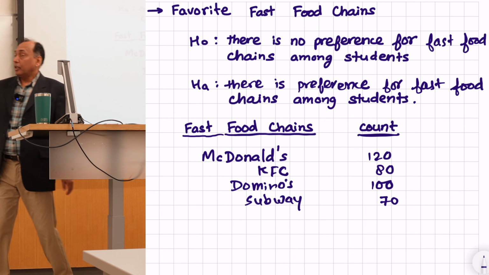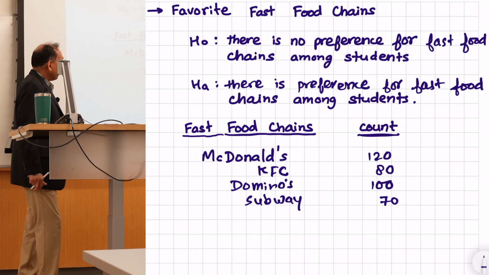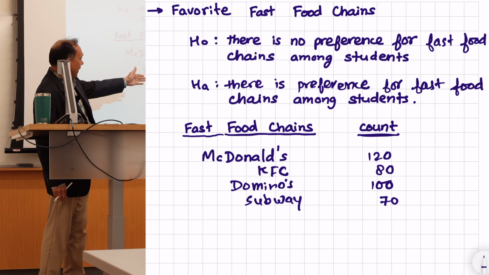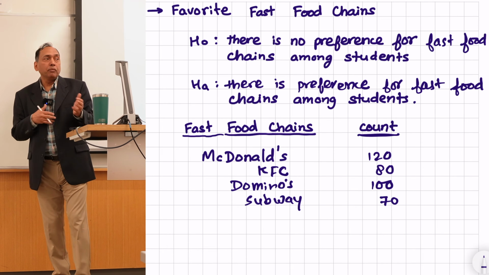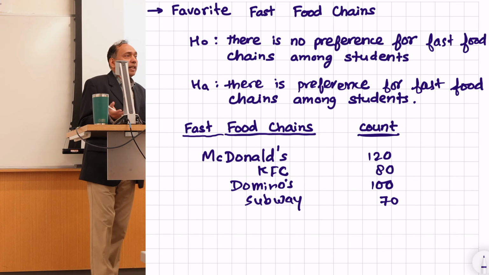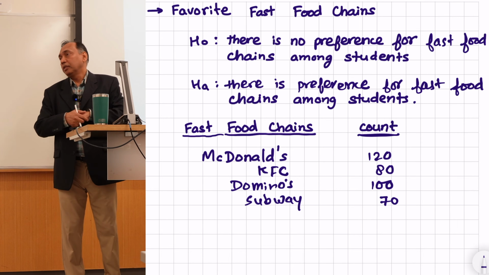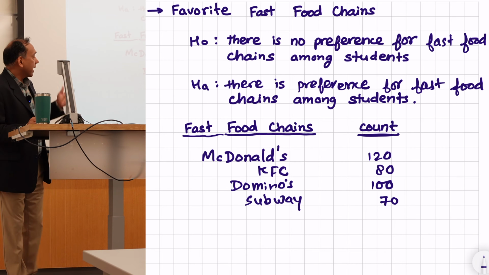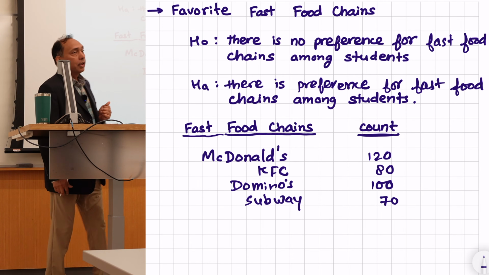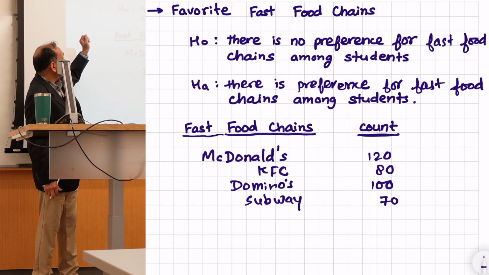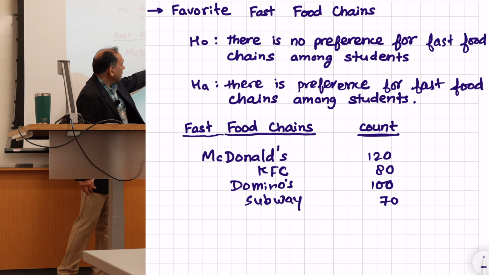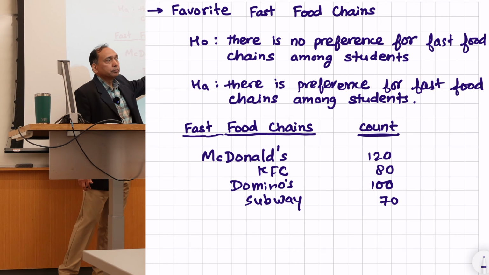So the question basically we are trying to answer is whether whatever differences we see are real or they are just sampling fluctuation. You take another sample, these numbers will change. For that we use the chi-square test. So the assumption is that if we go by the null hypothesis, all these numbers should have been equal.